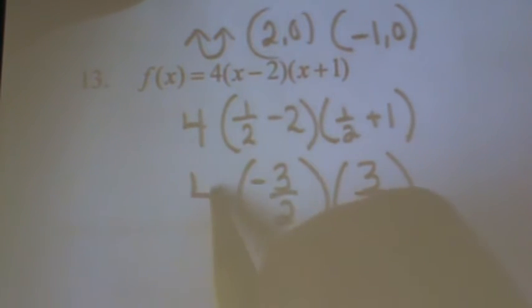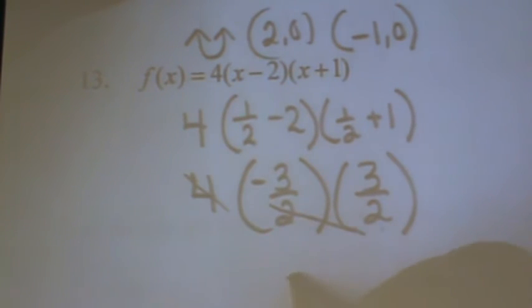And then multiply these by 4. So 2 times 2 is 4, these cancel, so you get negative 9. So (1/2, -9) is your vertex.